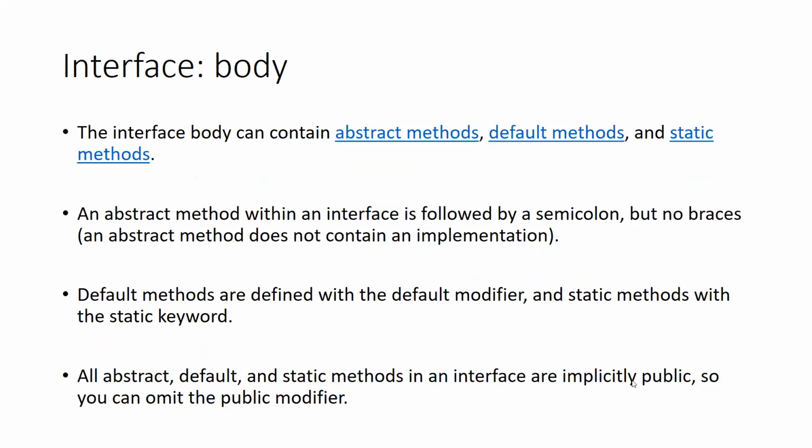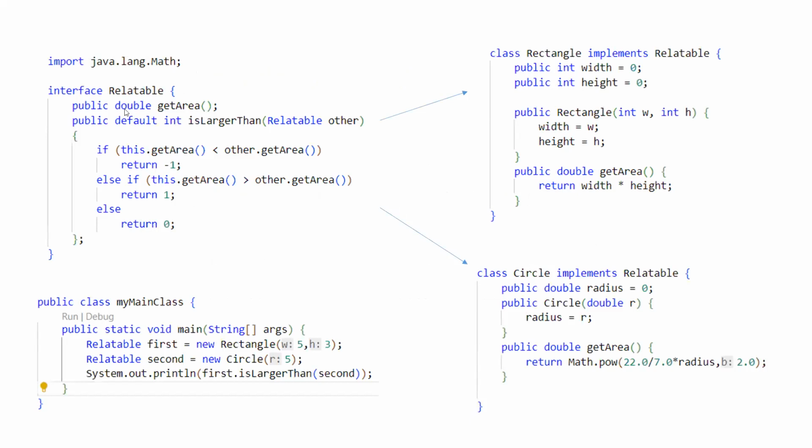For example, in here this is a default method, but this getArea method isn't a default method. It is also not a static method. So by default it is an implicitly abstract method. But having some abstract method doesn't mean that your class is abstract. This is just an interface that contains some abstract method.